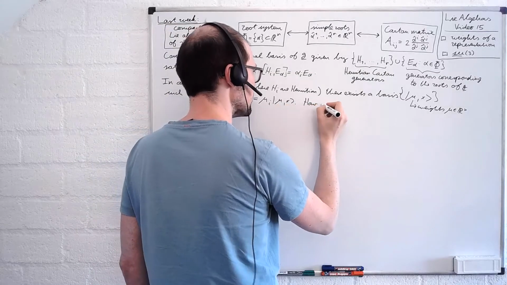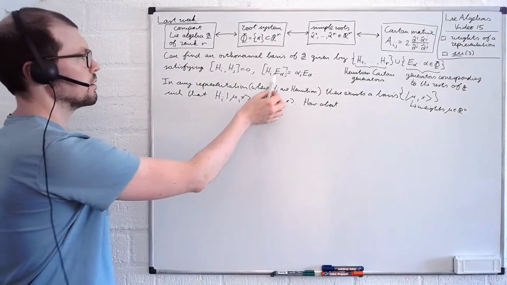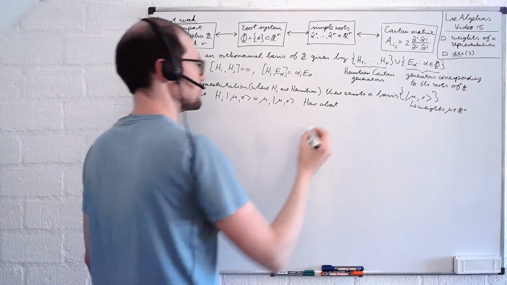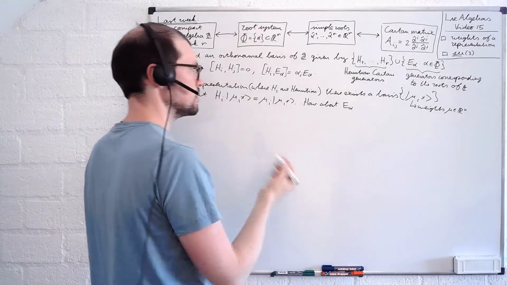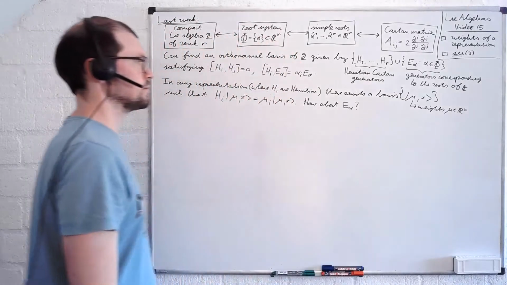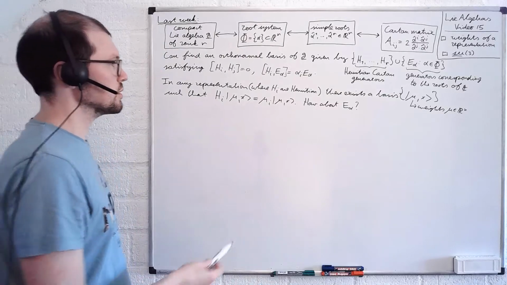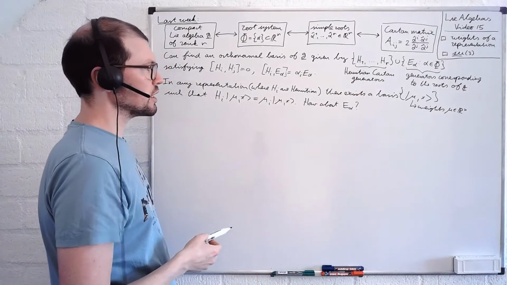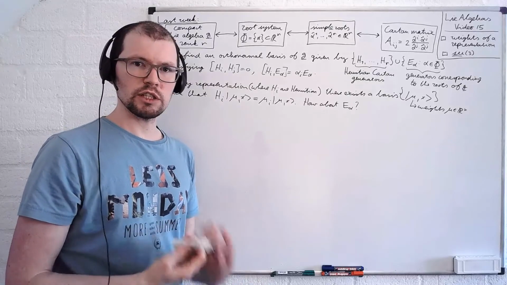Okay, so how about these other generators E_alpha? What can we say about their action on these states? Now we already touched upon this last week, and also in the case of SU(2) we understood what the remaining generators actually do.